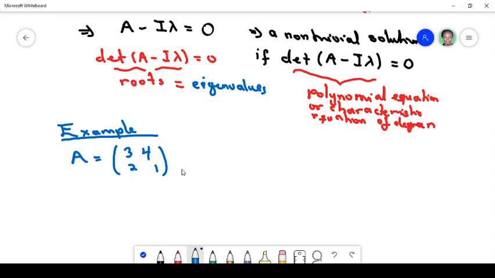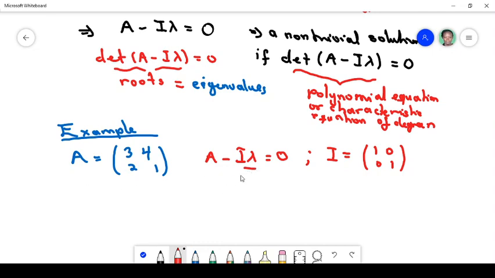We are saying to find the eigenvalues, we know we have A minus I lambda equal to 0. What is our I? I is the identity matrix, which is 1, 0, 0, 1, because our matrix here is of order 2.